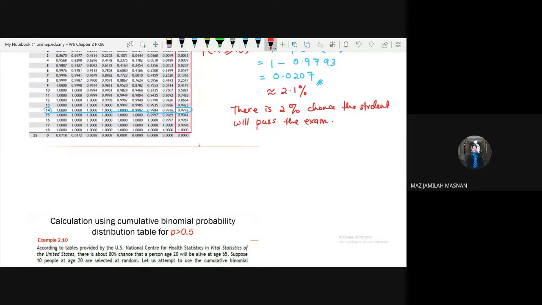Can you all do that, class? Binomial table, last page. Which page will that be? Can someone tell me, class, which is the last page for binomial before Poisson?